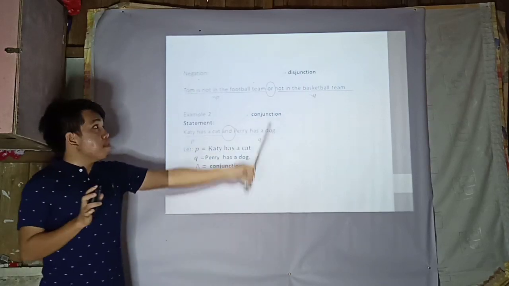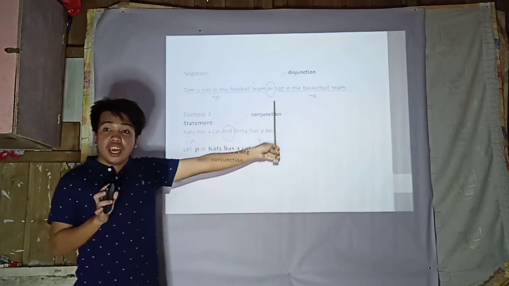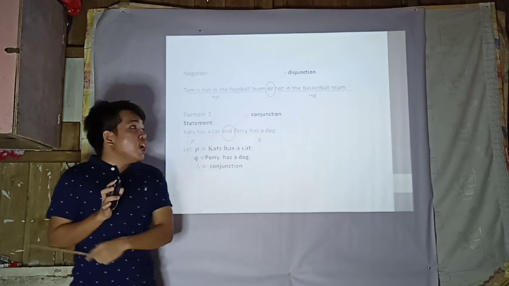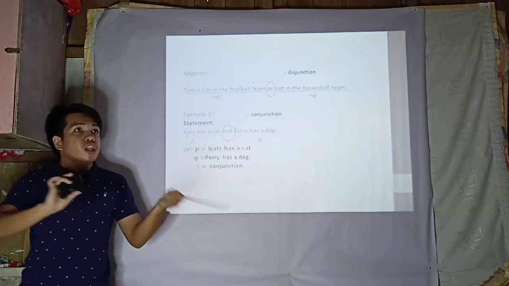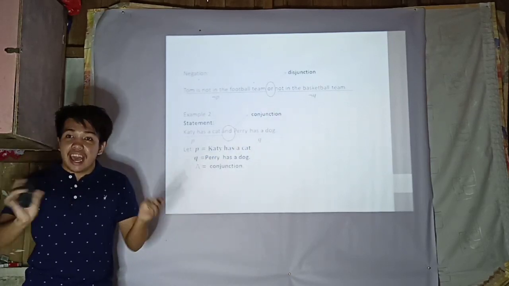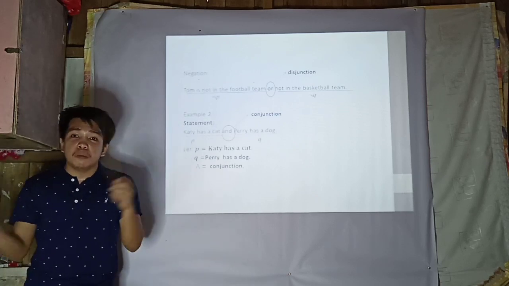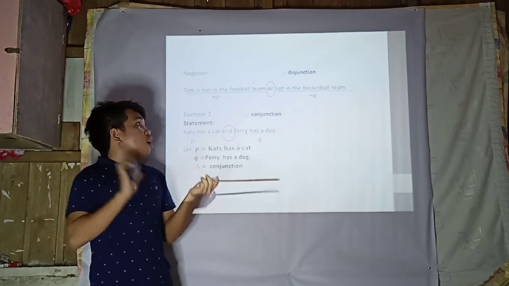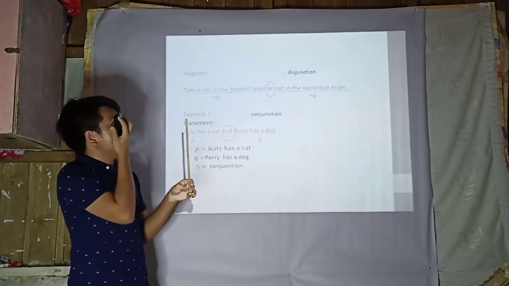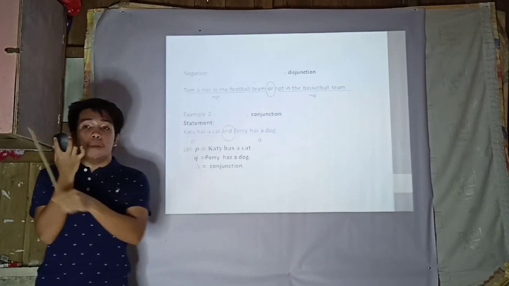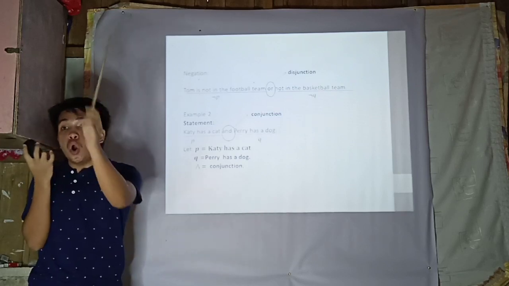And then we must change the logical operator, which earlier was "and". Proceeding to the negation process of De Morgan's law of logic, we must change the logical operator "and" into "or".